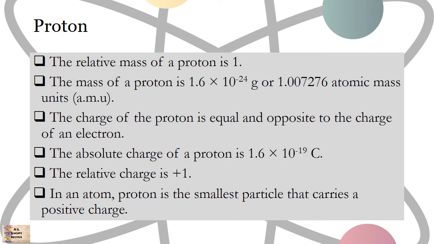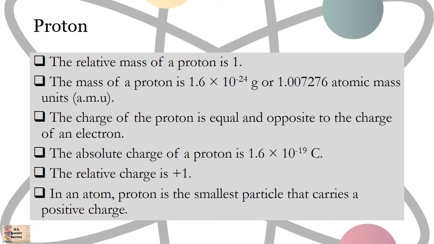Proton. The relative mass of a proton is 1. The mass of a proton is 1.6 × 10^-24 grams or 1.007276 atomic mass units, which we call AMU.